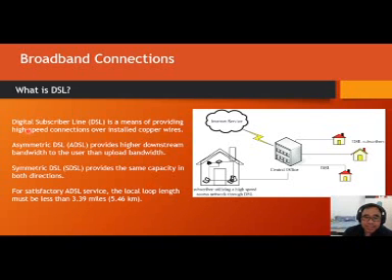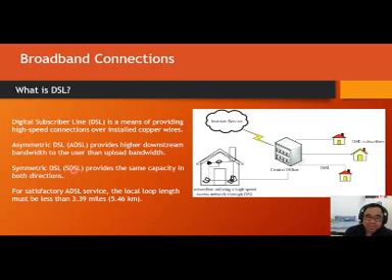What is a DSL? Digital subscriber line. Means of providing high-speed connections over installed copper wires. So these are the homes with the DSL subscription connected to the ISP. And subscriber utilizing high-speed access network through DSL.